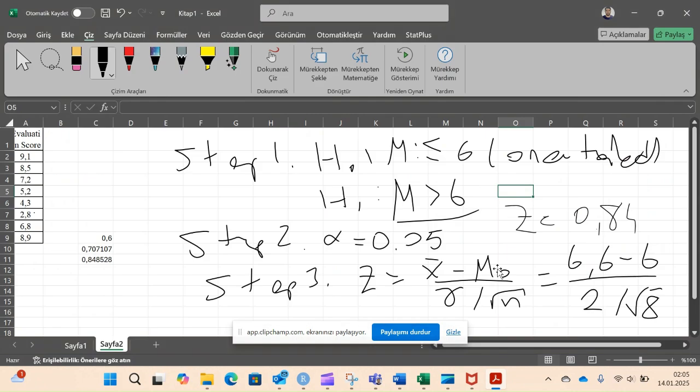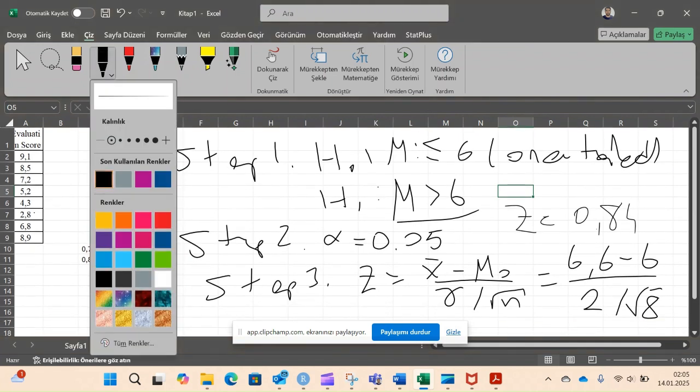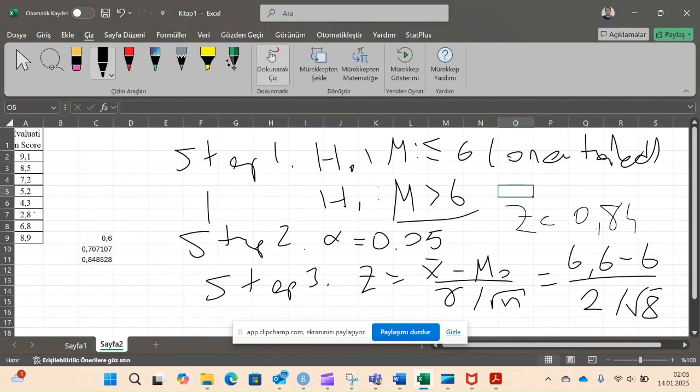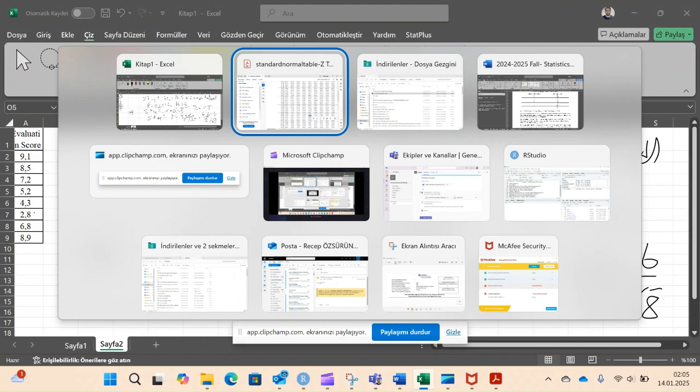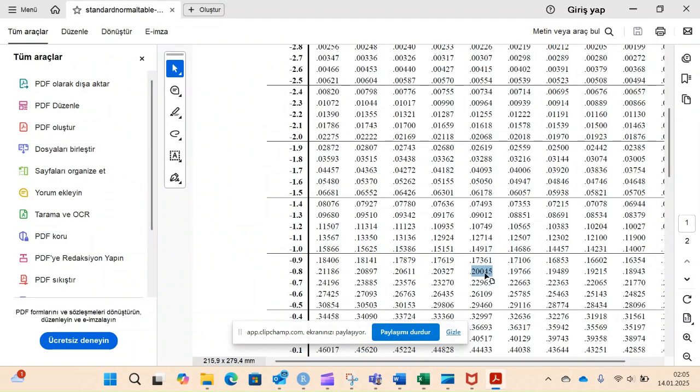So the p-value is actually 0.20. Okay, from the table we can find the p-value is 0.20.